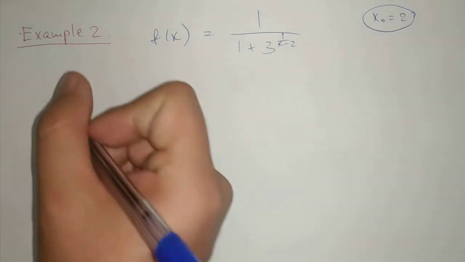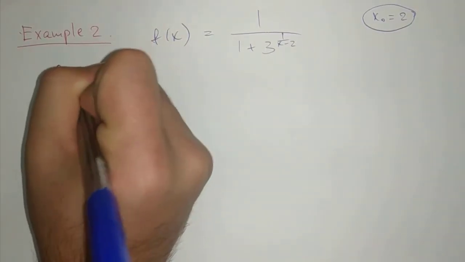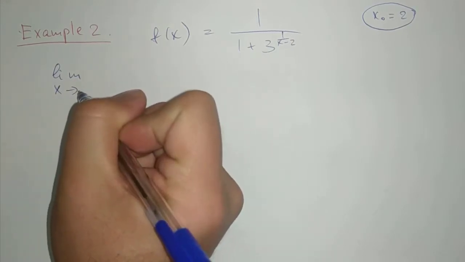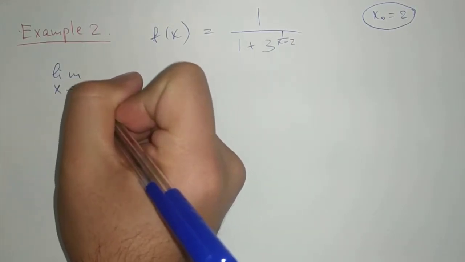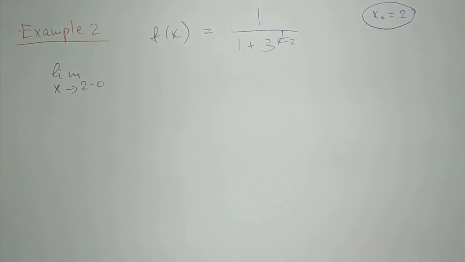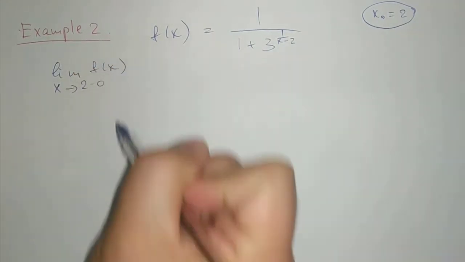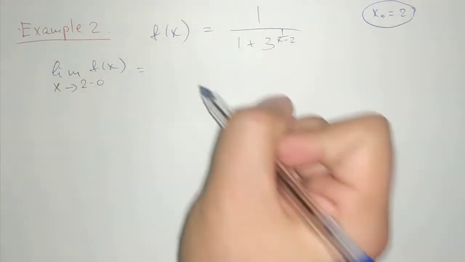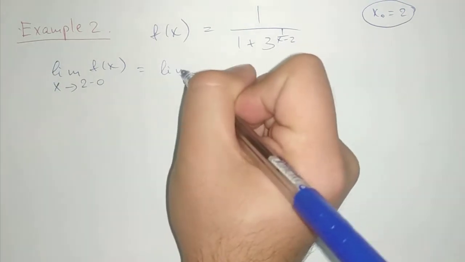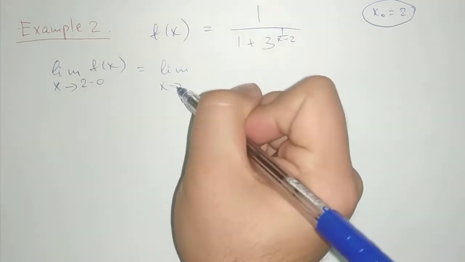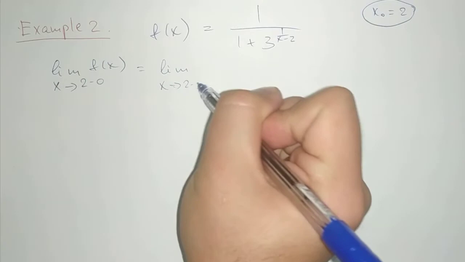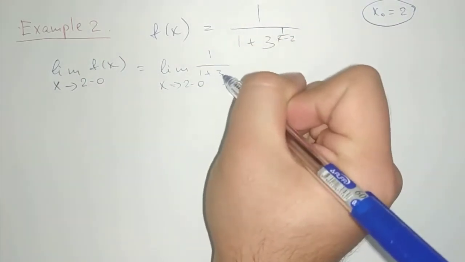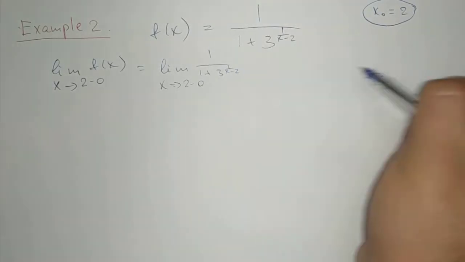The left side limit: the limit as x tends to 2 minus 0 of f(x).